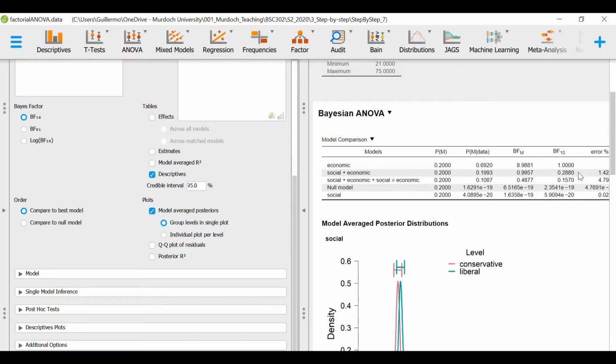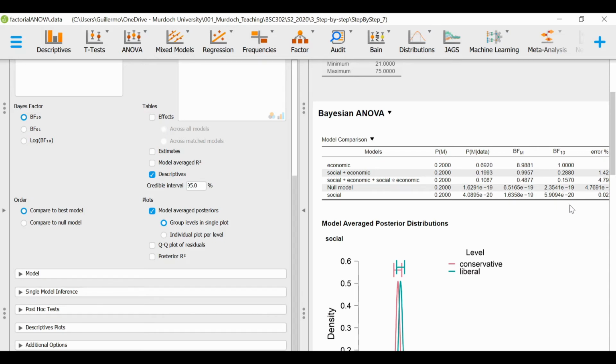So as you can see, when you compare to the best model, the Bayes factors will be lower than 1, because if there were better models than the best, they should have a Bayes factor more than 1. But obviously, because they're worse, they have a Bayes factor less than 1. And for the null model and the social model, the Bayes factor is very, very low. So their probabilities are very, very low. Therefore, when you do the ratio of this number divided by the best model, it will be a very low number as well.